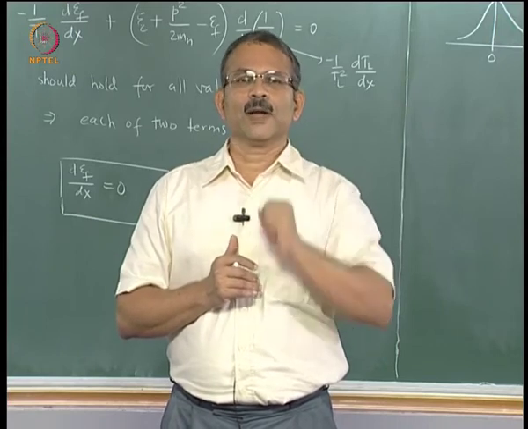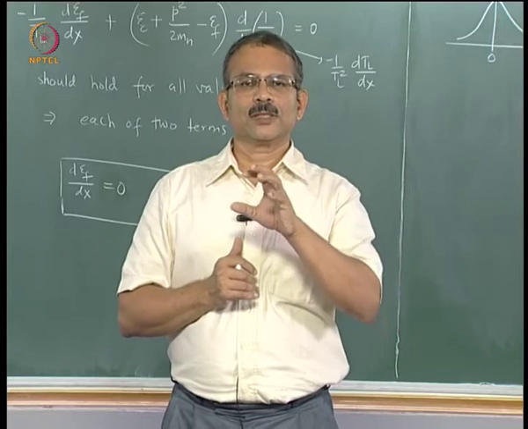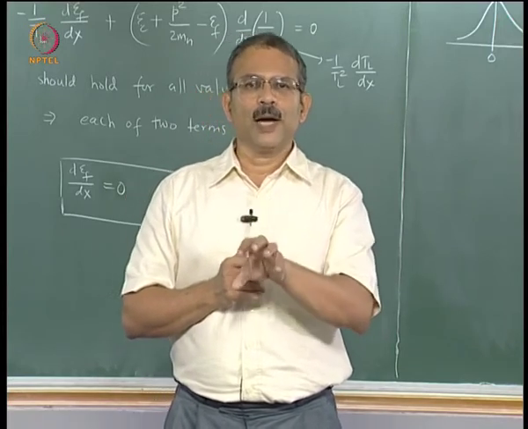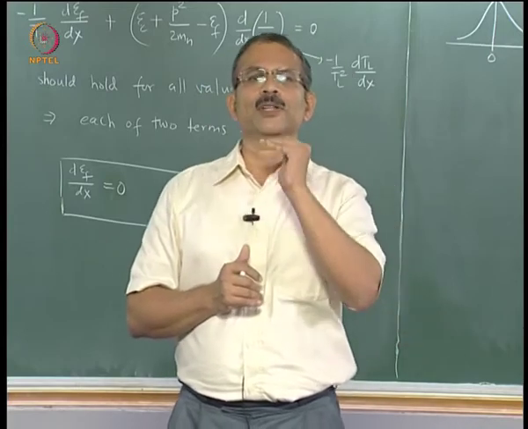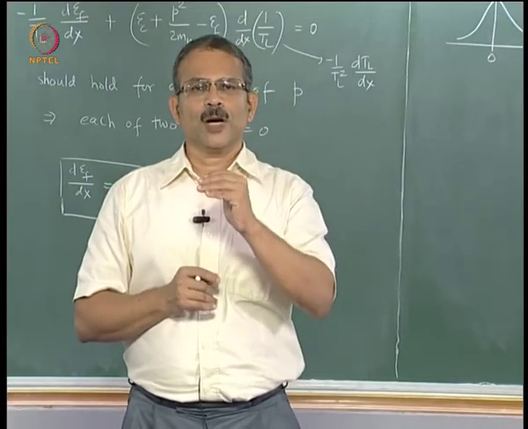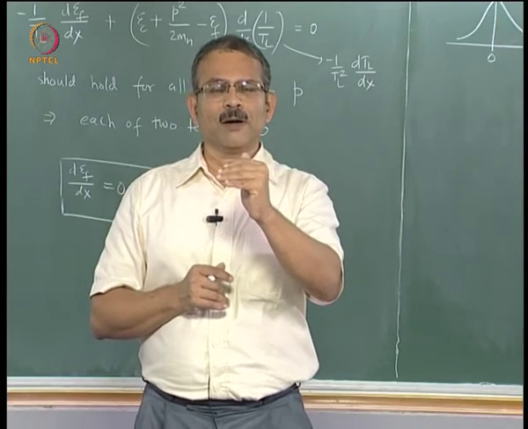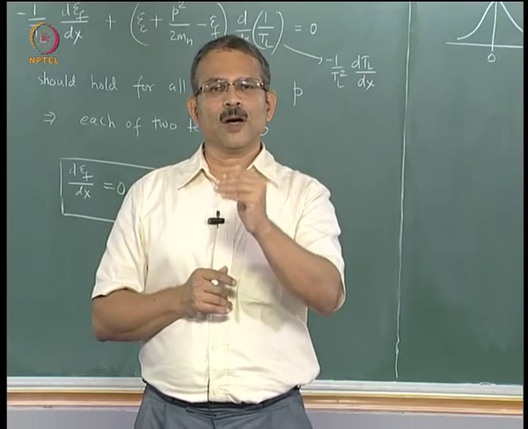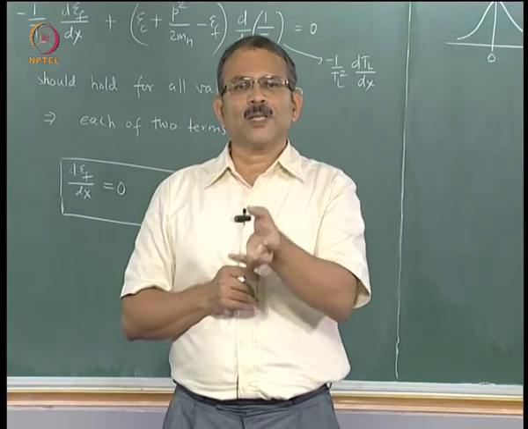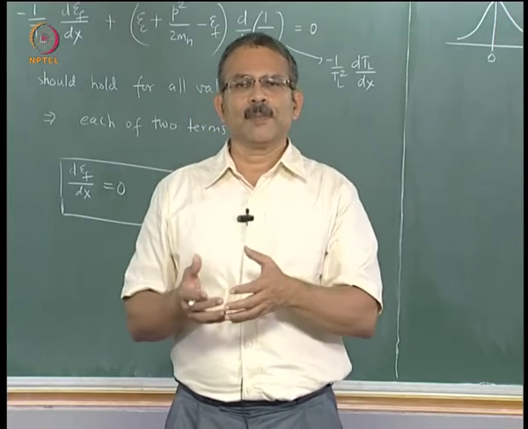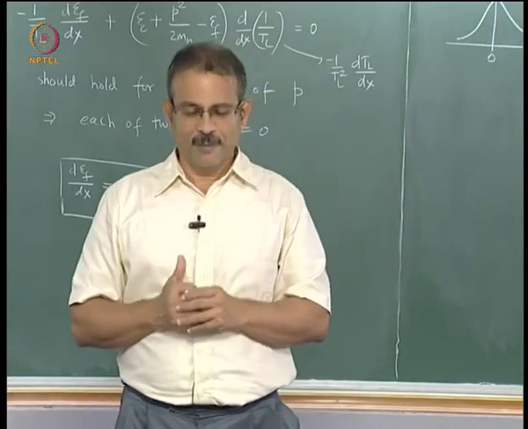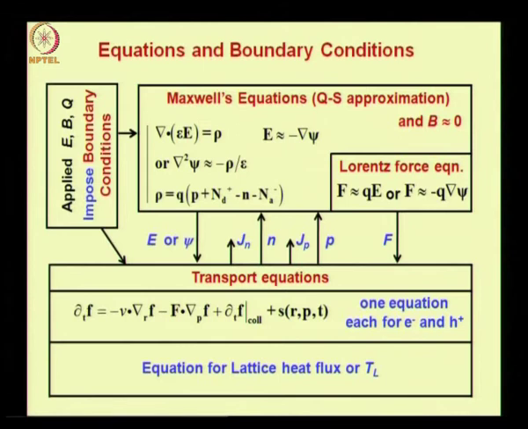So heat flux Q, that is something that we had not brought in so far. So now at this point you realize why you need an equation for heat flux. Because the Boltzmann transport equation of semi-classical carrier transport requires a knowledge of carrier temperature, which depends on the lattice temperature, and this lattice temperature is to be solved from the equation for heat flux. So that is what is shown here.